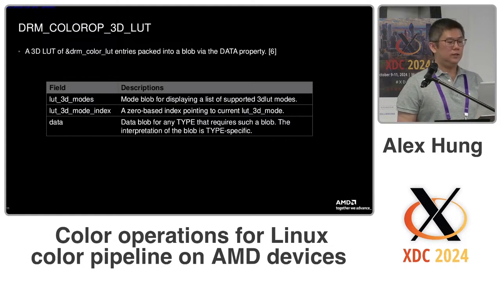The second is the mode index. Basically, it's an index pointing to a 3D mode that is selected by the user space. And finally, the data. The data itself is a data block for the 3D LUT that user space will write to.